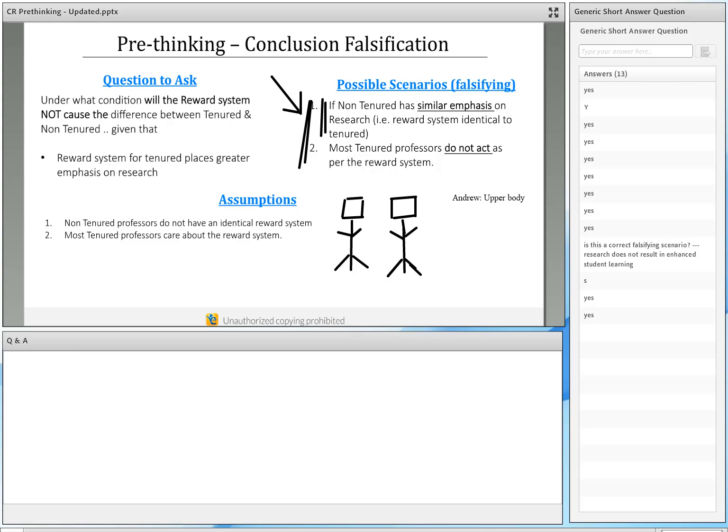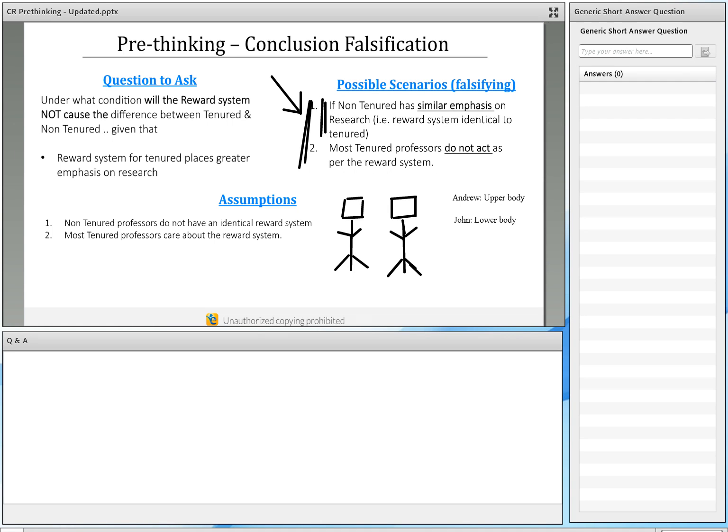Lower body is the one below, the legs and other things. All right, the scenario is clear? Yes, no? Let me just reopen the poll. Is the scenario clear? Andrew works out his upper body. John works out his lower body.